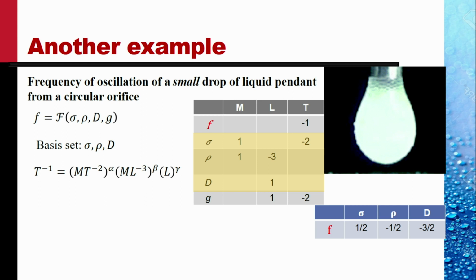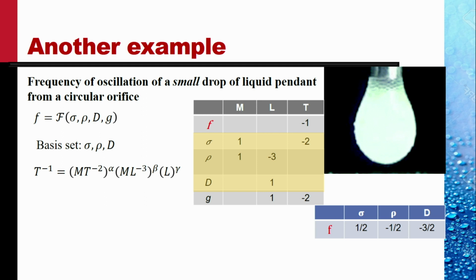From this, we can find out the value of alpha is 1/2, beta is minus 1/2, and gamma is minus 3 by 2. So F is sigma raised to power half, rho raised to power minus 1/2, and D raised to power minus 3 by 2 in dimensions.